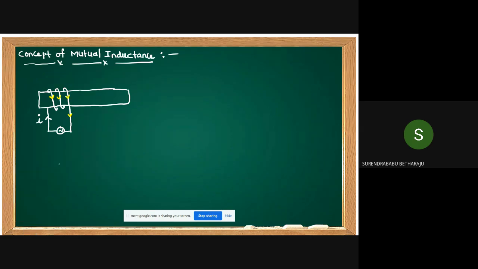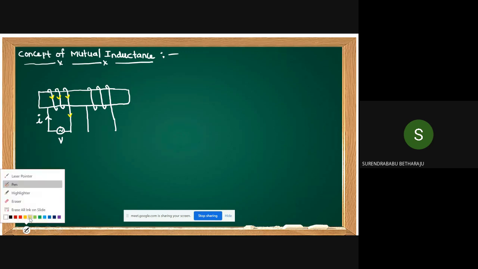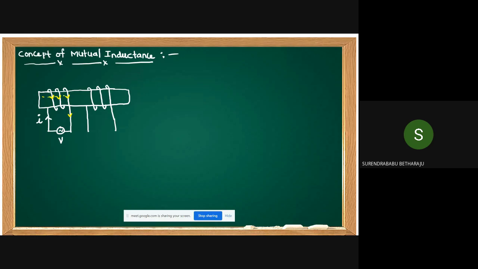And one more coil is placed on the same core, but we are not giving any supply to this. Now here apply the right hand thumb rule. Then curved fingers indicate the current direction, and the thumb indicates the flux direction. This is the direction of the flux.